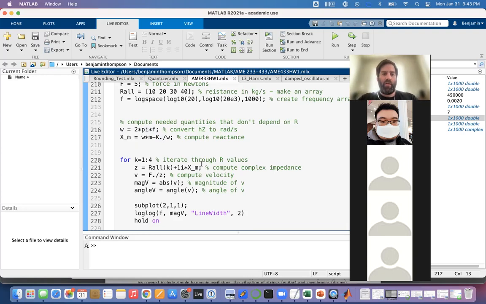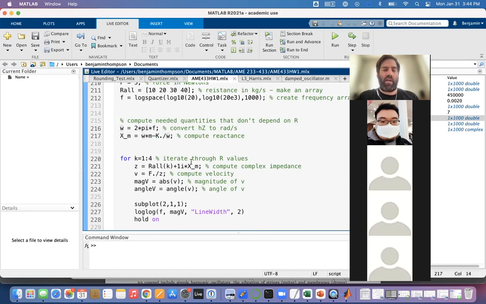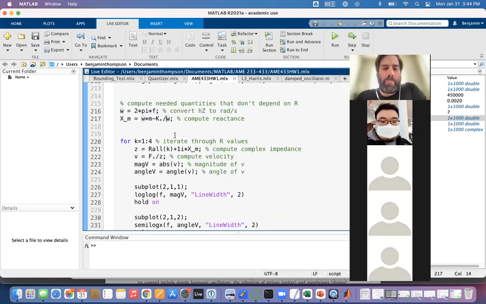If you want to multiply or divide element 1 by element 1 and element 2 by element 2, then you do need this dot. It's not just the regular slash or the regular multiplication sign.